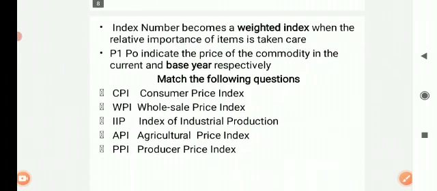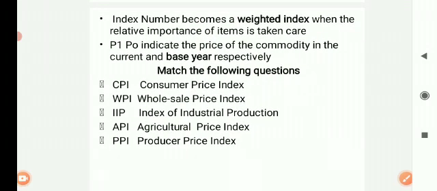Now look at the next aspect of this same topic, that is the match the following question. There may be match the following questions on this topic in the examination. They may ask a few questions in this part. First one, CPI represents Consumers Price Index, and WPI, wholesale price index.